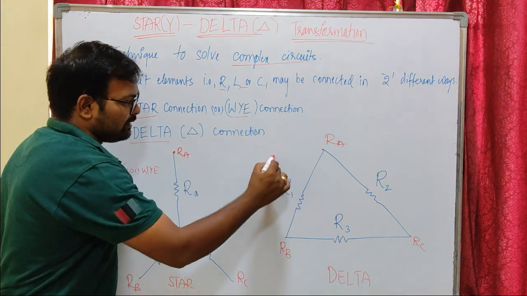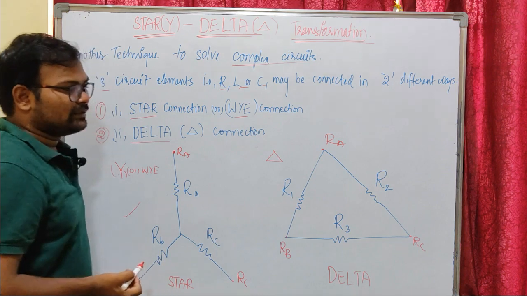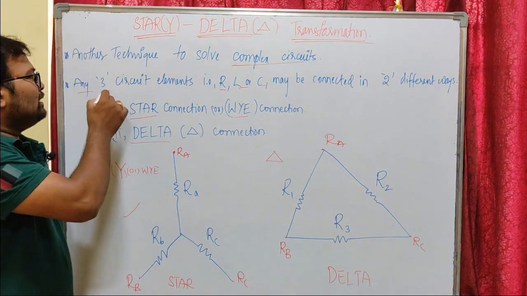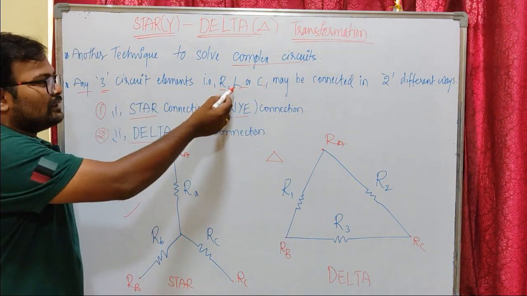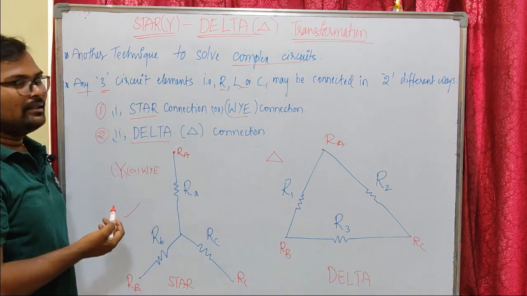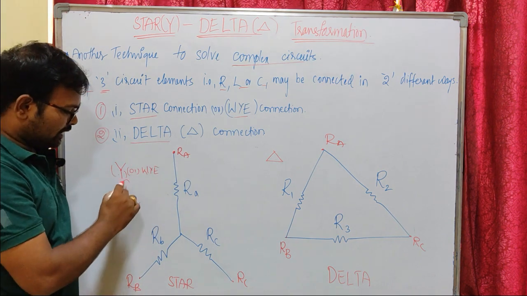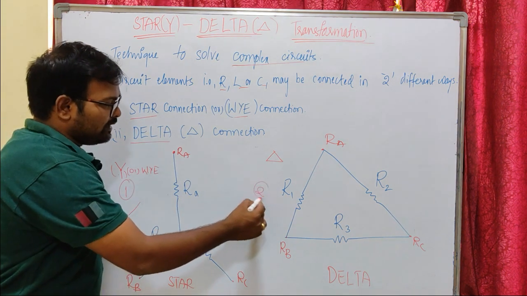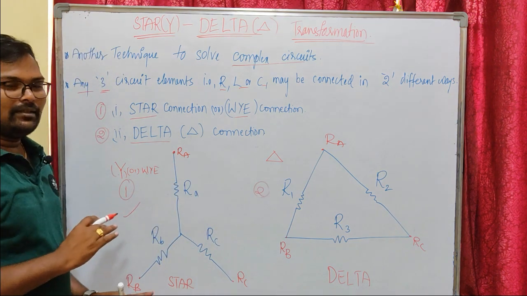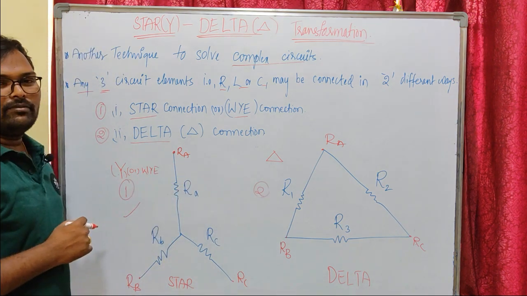Here this one is called delta connection. So any three circuit elements like resistance, inductance and capacitance may be connected in two different ways: the first one is star connection, the second one is delta connection.